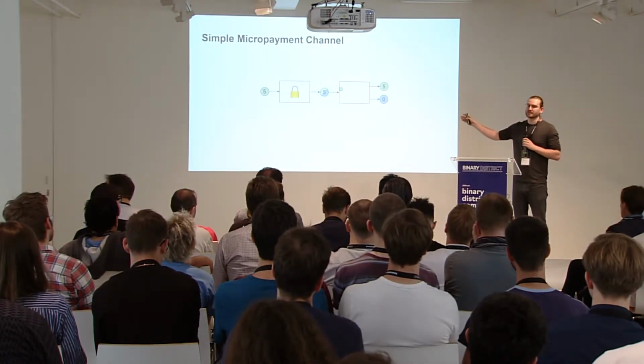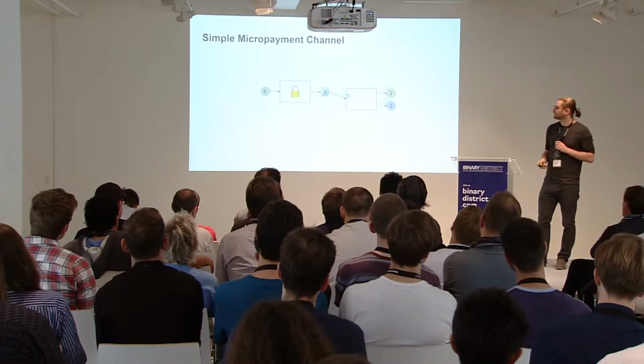And the blue party can now decide, okay, I can add my signature, or I can just put it in my back pocket and wait if maybe he comes back and gives me some more money. And indeed, after a while, the green participant buys a coffee, now incrementing the balance of the blue node, decrementing the balance of the green node, and adding his signature.